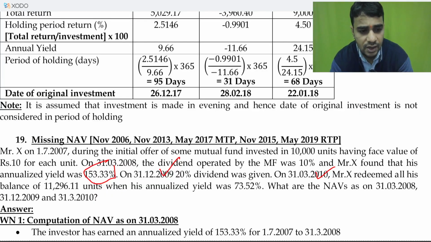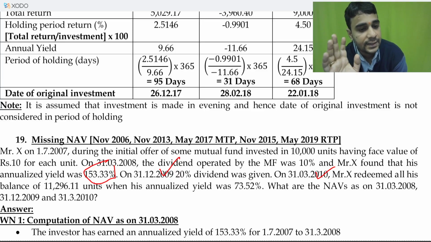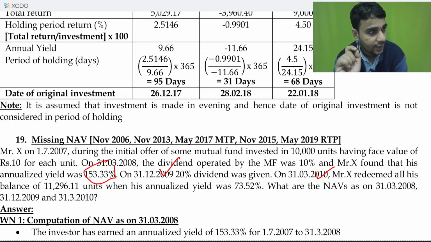Next part is on 31/3/2010, he redeemed all his units when his annualized yield was 73.52. Now listen, this annualized yield of 73.52 will be from the date of my investment. If it is for a specific year, they'll have to say annual yield from this period to this period.